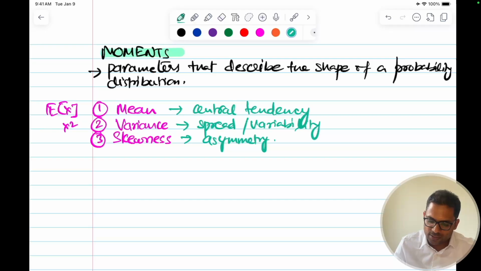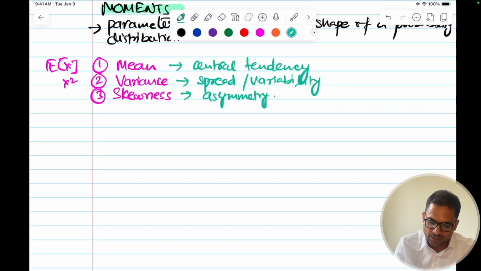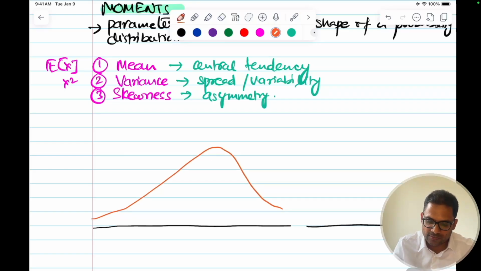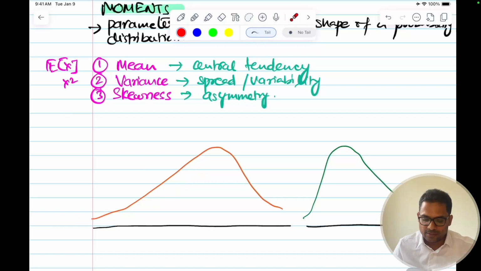For example, if I draw 2, so if we have something like this is the probability distribution, and then we have something like this. If you see here, the left side has a very big tail, and in this one you see the right side has very big tail.